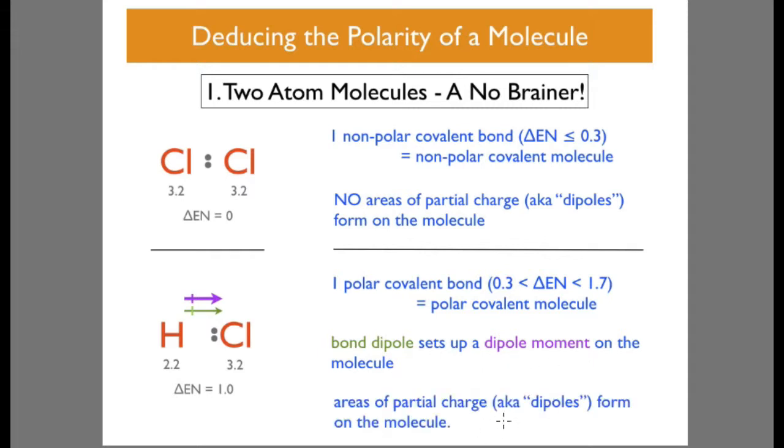Areas of partial charge, or the dipoles, form on the molecule. There's a cloud of electrons. Sorry, let me put it a better way. There's a greater chance of finding electrons over this side than there is this side. So the positive dipole is next to the hydrogen, and the negative dipole is on the side of the chlorine.